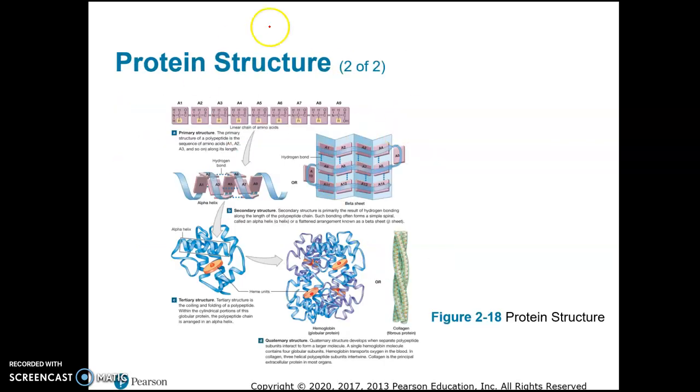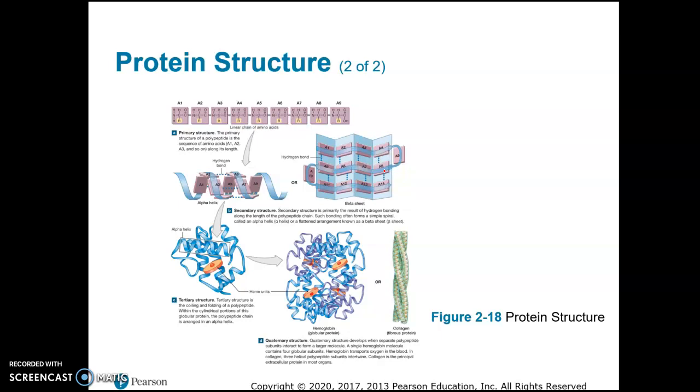And here's an image so you can see the primary structure is represented by 9 different amino acids here. The secondary structure is when that chain of amino acids either spirals into an alpha helix or folds into a pleated beta sheet.